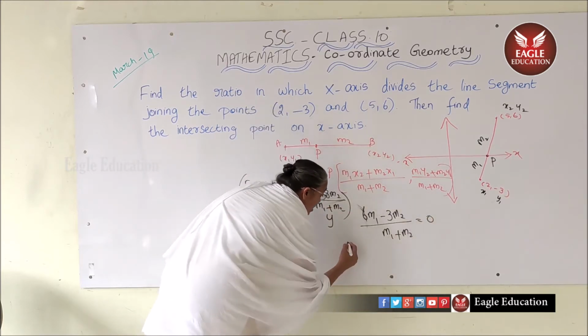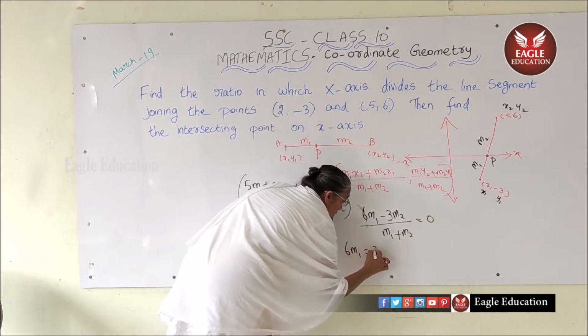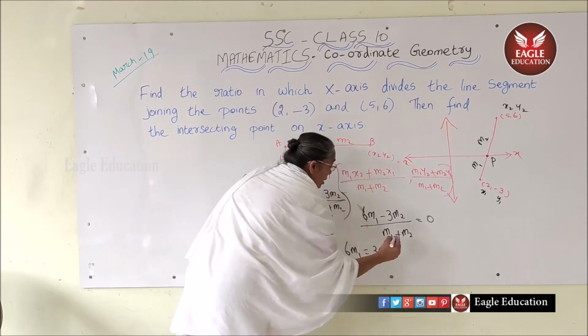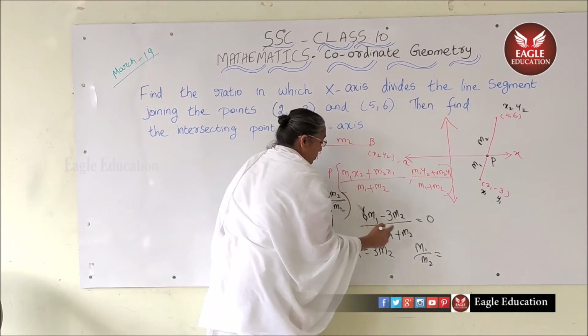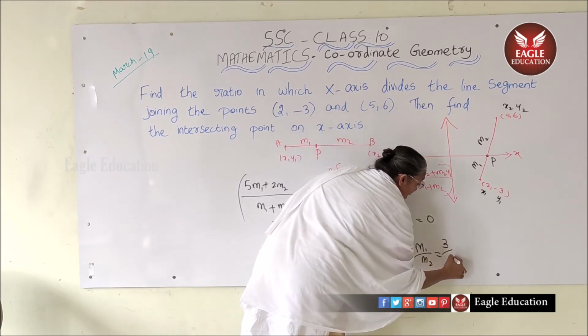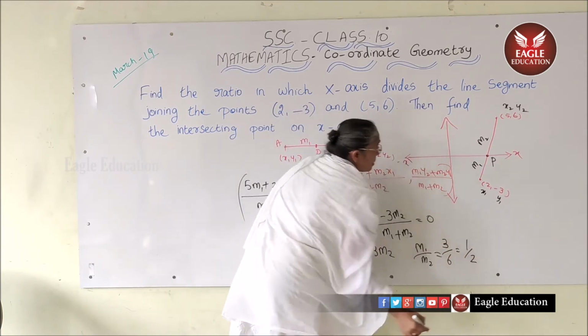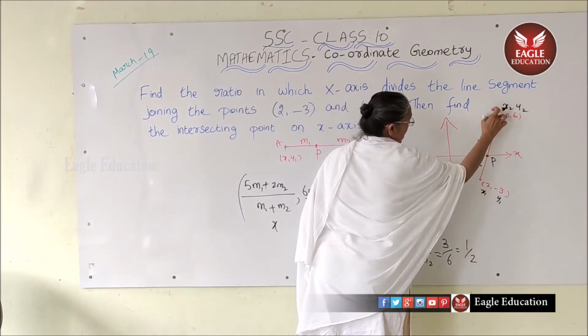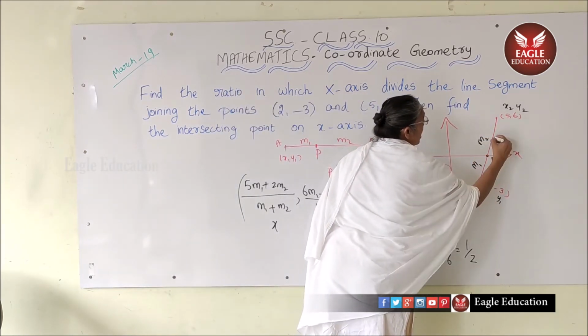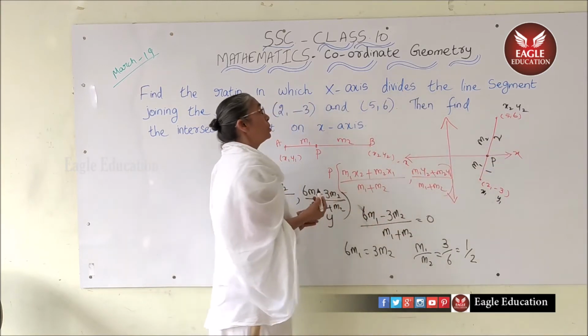So this implies 6m1 is equal to 3m2, or m1 divided by m2 is equal to 3 by 6, which implies 1 by 2. That means the point P divides the line segment joining these 2 points in the ratio 1:2.